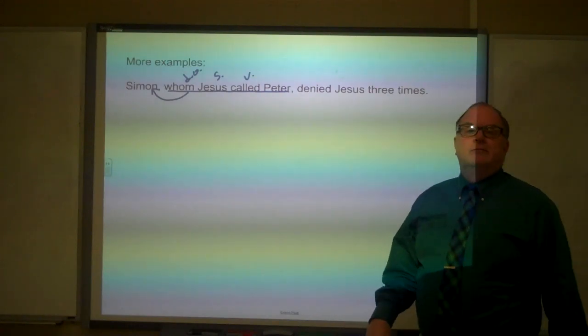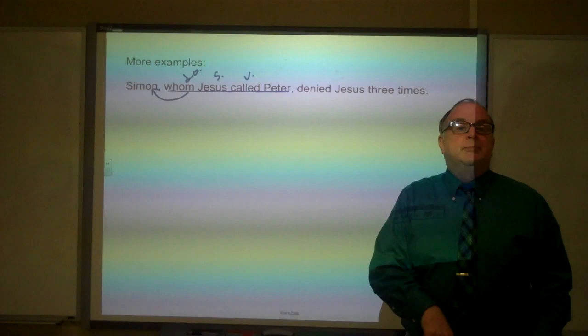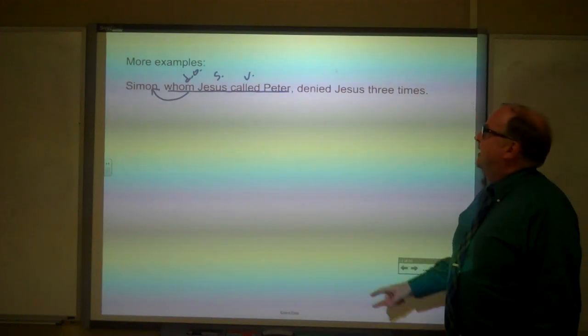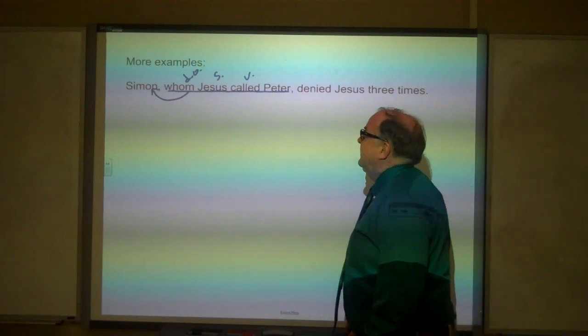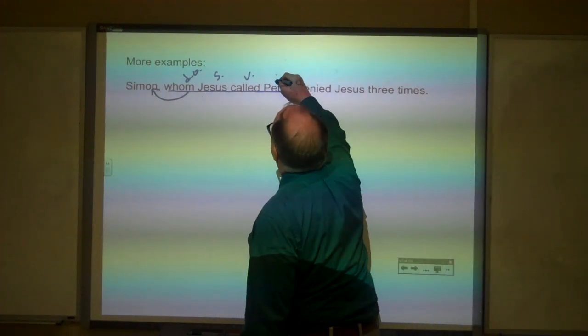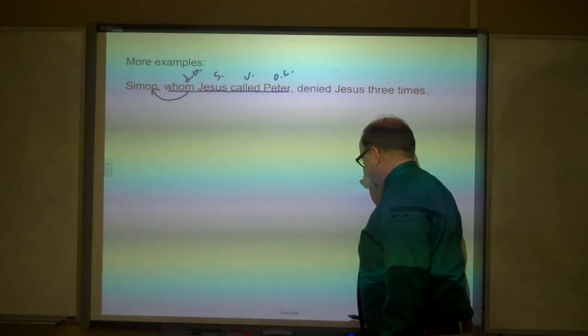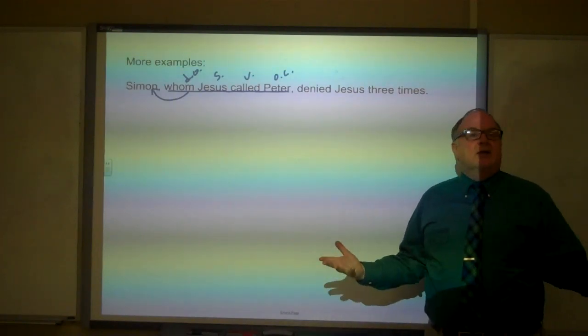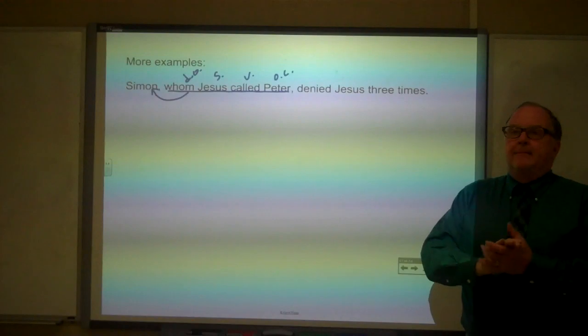It takes the place of him: Jesus called him Peter. That's why it's whom, because it's in the objective case. And if whom is the direct object, then Peter is the object complement. Then Simon denied Jesus three times is the main clause.